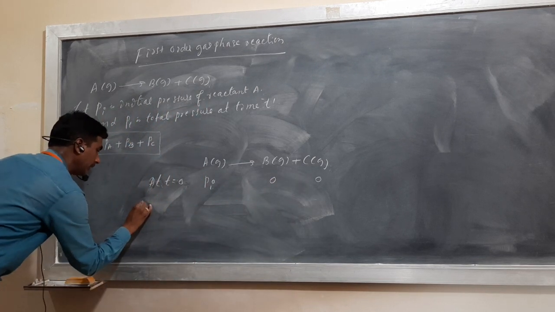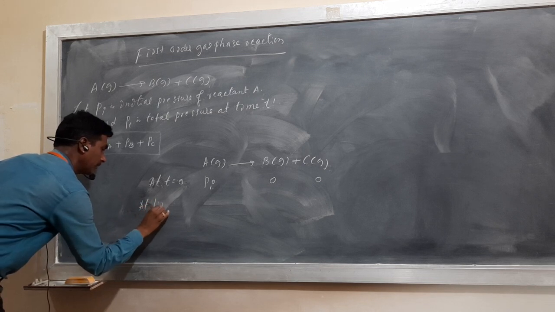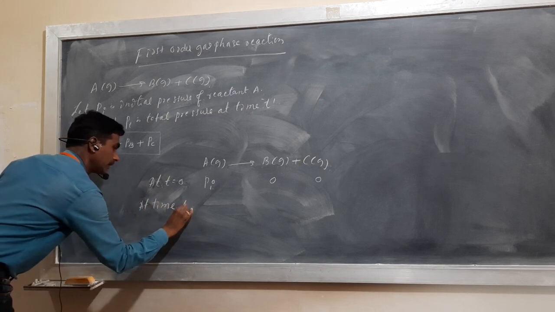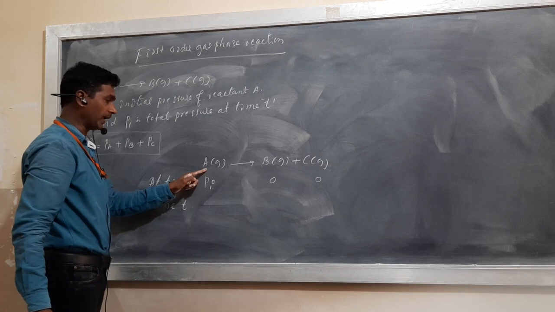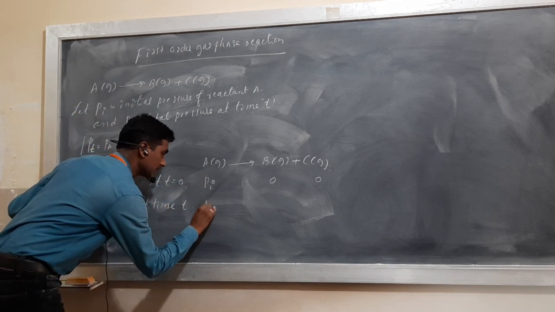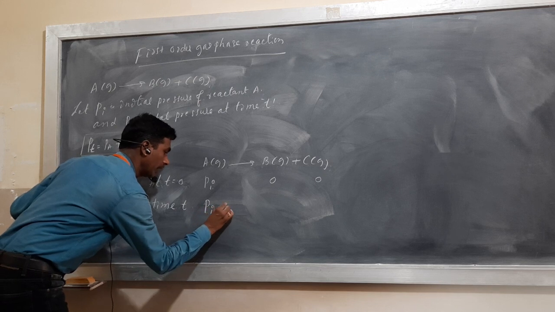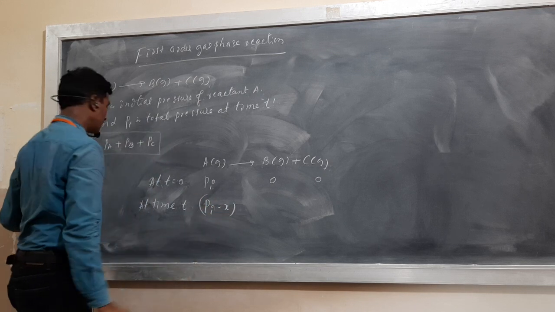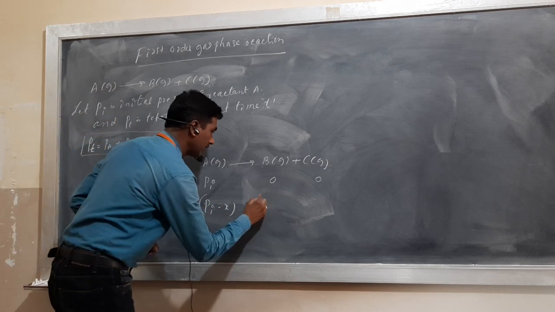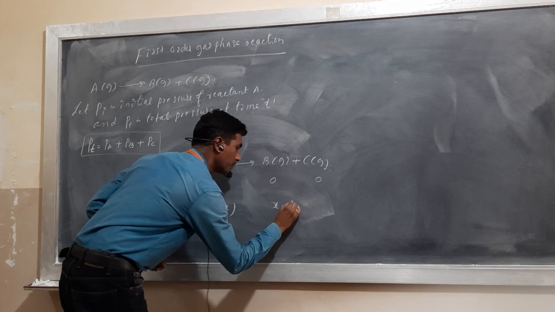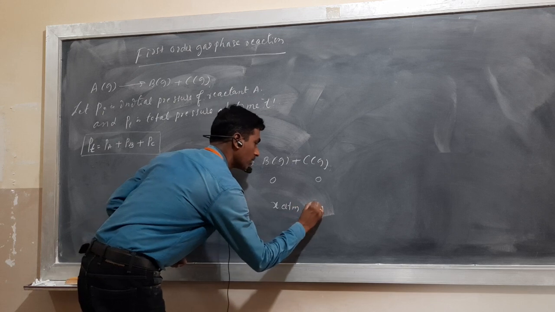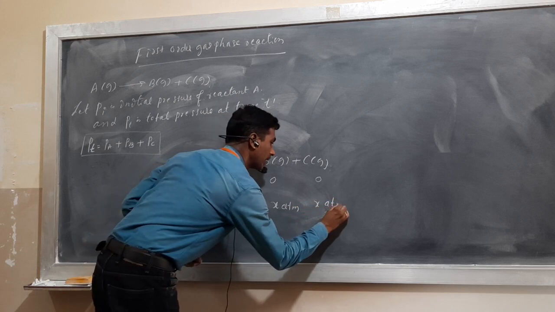At time t, say there is a decrease in the pressure of A by X. This is Pi minus X. And the increase in the pressure of B is X atmosphere, and C is also X atmosphere.